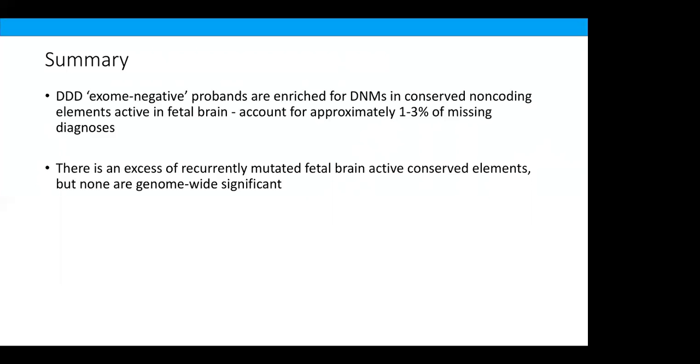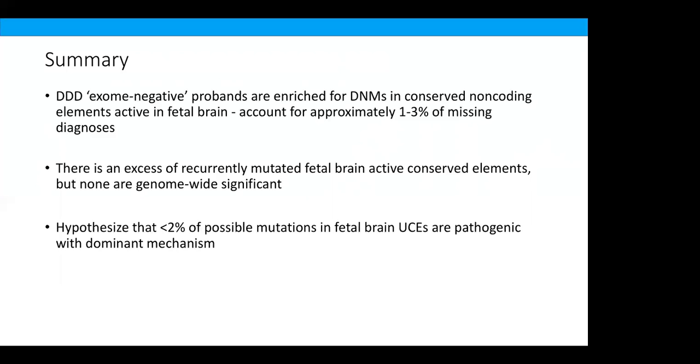While we can detect a signal for recurrently mutated elements, there's no individual element that's genome-wide significant, which is a really valuable piece of information that led us to hypothesize that probably a very small proportion of the mutations in these elements are sufficient when mutated to cause a developmental disorder with a dominant mechanism.